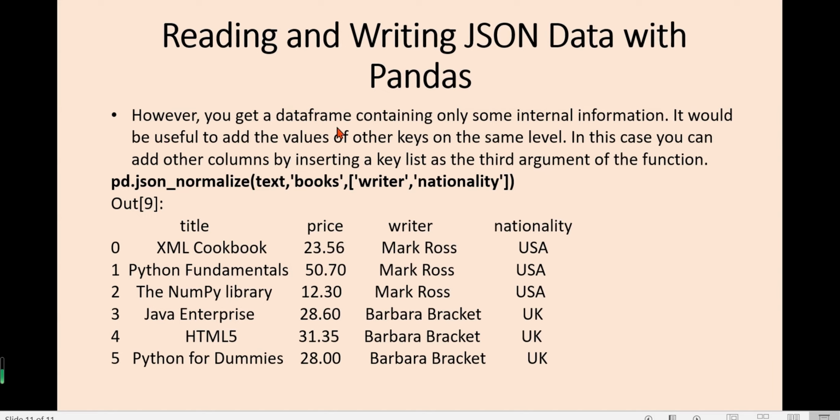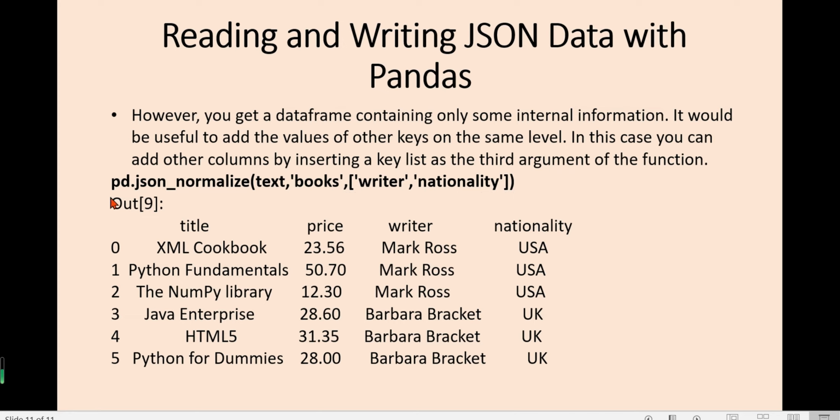Whenever you get a data frame containing only some internal information, it would be useful to add the values of other keys on the same level. In this case, you can add other columns by inserting a key list as the third argument of the function. So here we want to add the writer and nationality information also. So we can write pd.json_normalize(text), then books is the key, then add an array for these 2 variables.